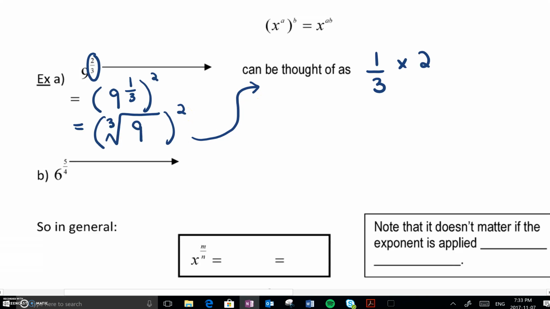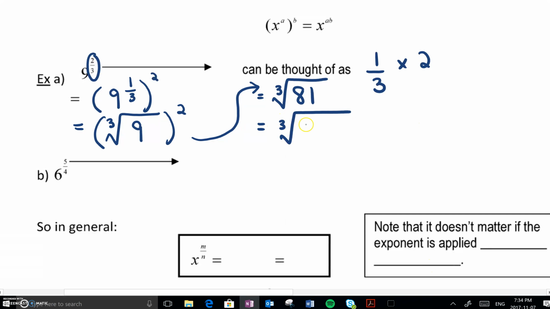So what we're going to do is evaluate this expression here. This expression becomes the third root of 81. Don't forget that when you have radicals, you have to simplify them.